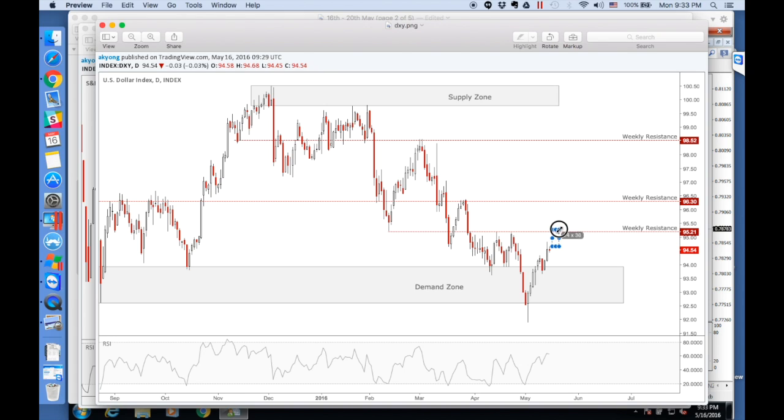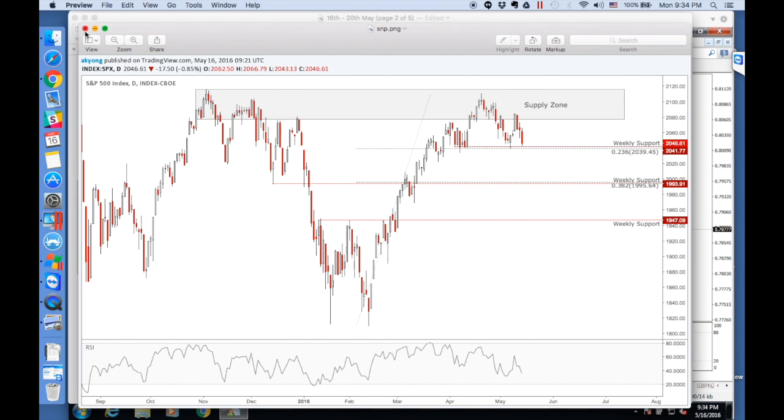Right now you have some little room here, and if dollar index rejects off this resistance level, then your other pair like Euro Dollar is going to be affected.